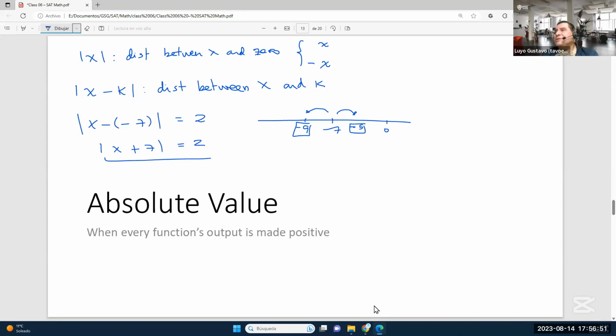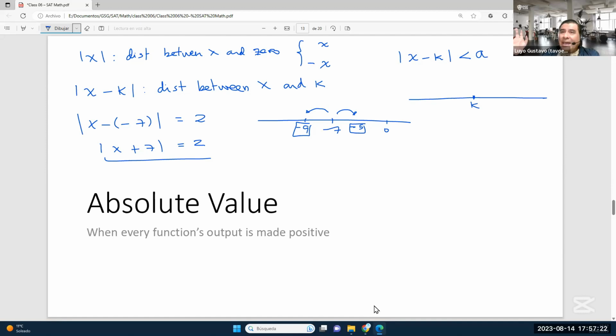Now, another interesting thing, how do you interpret this? The absolute value of x minus k is less than a, positive, units. What this means is the distance between x and k is less than a units. So imagine this. On a number line, you have this number k.